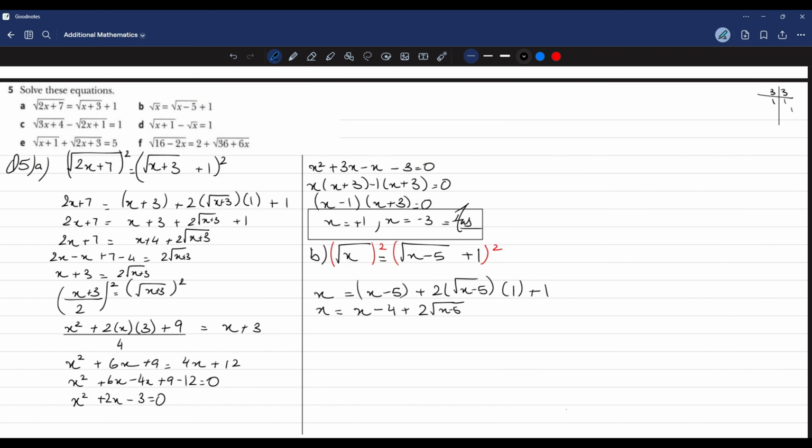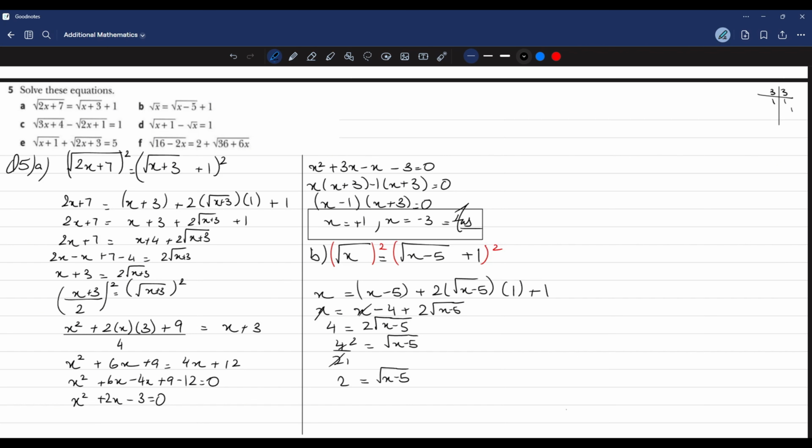Simplify this, x minus x becomes 0, so this would become 4 is equal to 2 under root x minus 5. 4 divided by 2 is equal to under root x minus 5, and 4 divided by 2 is 2. 2 is equal to under root x minus 5.